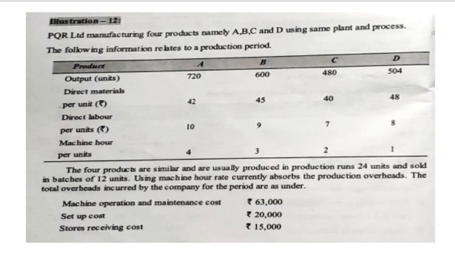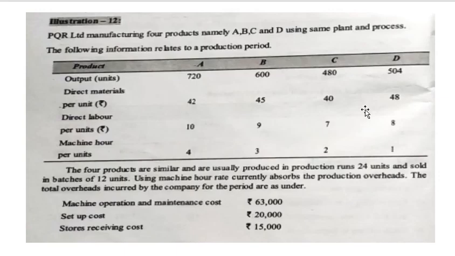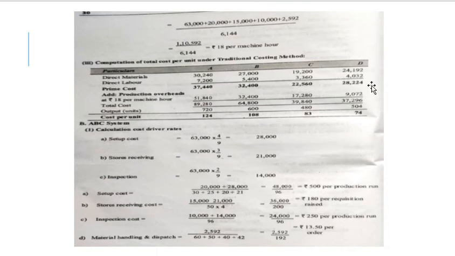Next for C, 480 into direct labor per unit, which is 7, which will give you 3,360. Next for D, the number of units is 504 and the direct labor is 8. So 504 into 8, which will give you 4,032.